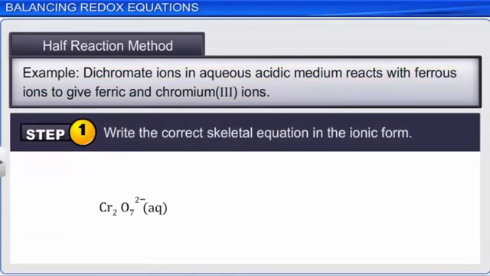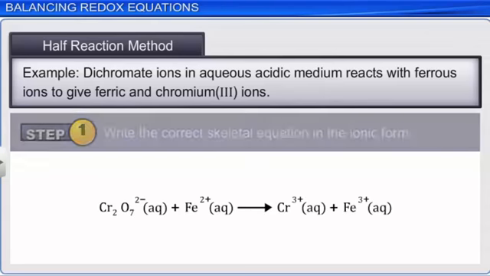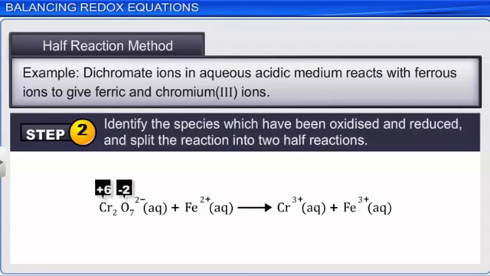First, write the skeletal equation for the reaction in the ionic form. Then identify the species which have been oxidized and reduced, and split the reaction into 2 half reactions. This is step 2. In this case, the oxidation number of chromium decreases from +6 to +3.